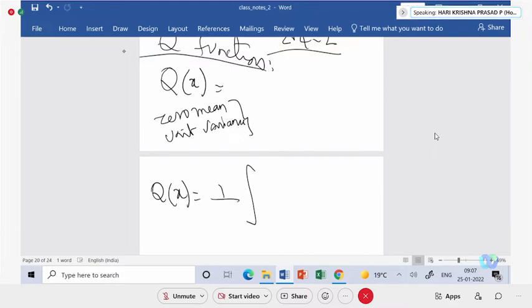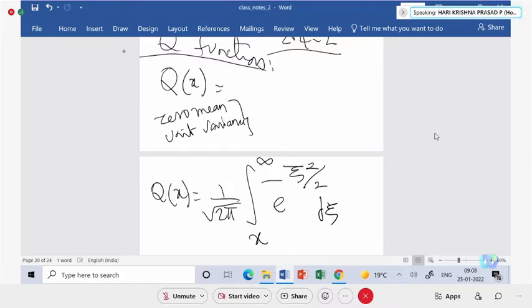So the expression for the corresponding Gaussian density function is given by, is it fine? What are the limits? Area under the Gaussian density function. But what are the limits? I did not speak out. Limits are from x to infinity.